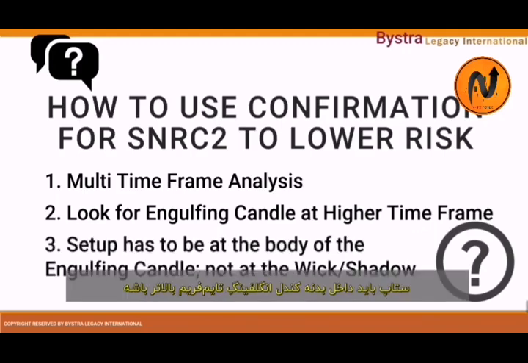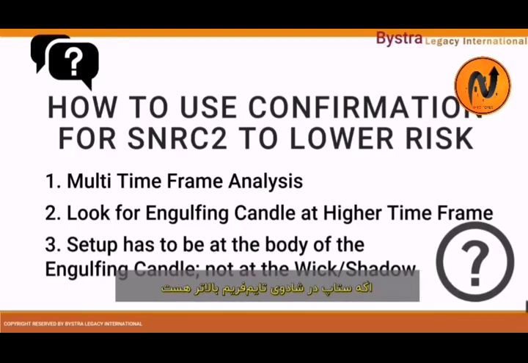Thirdly, the setup has to be at the body of the engulfing candle at the higher time frame, and please do not be at the wick or the shadow of the candle at the higher time frame. If the setup is at the wick or the shadow of the higher time frame, then it is considered a very high risk. Therefore, do not take the trade. So let's have a look at some of the example.